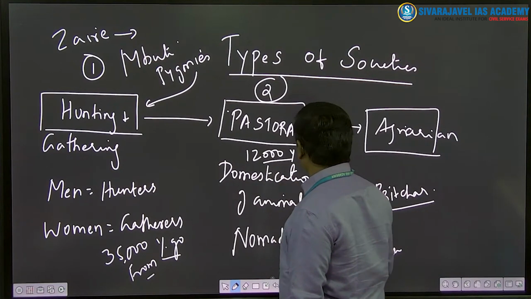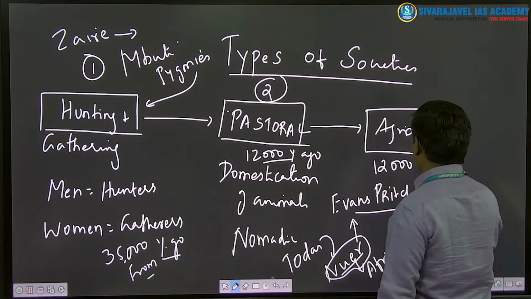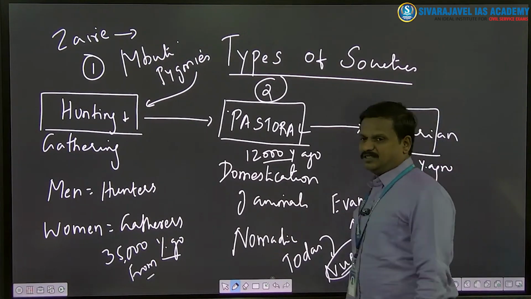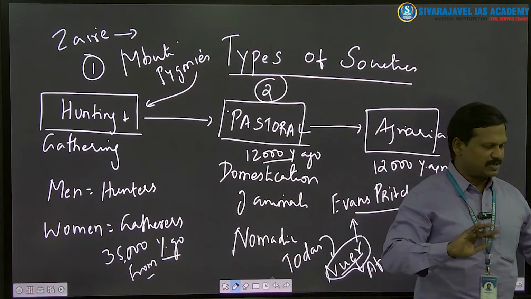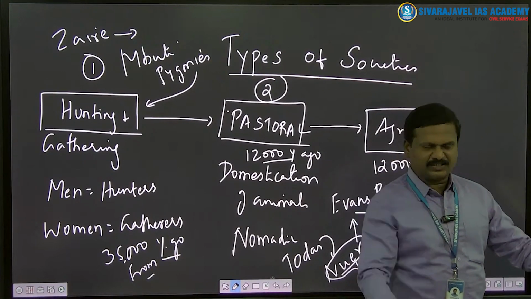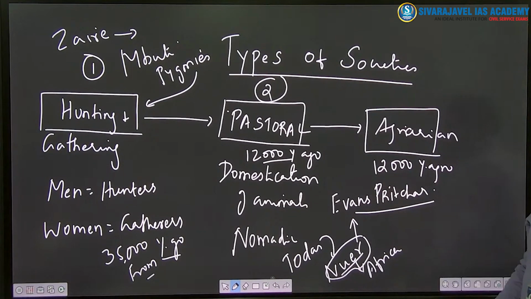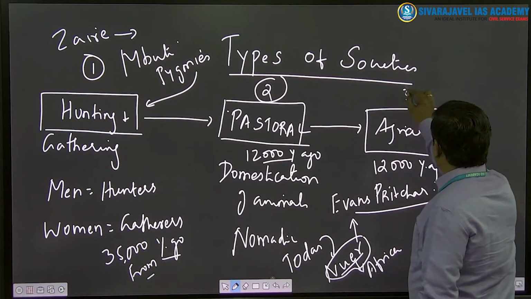In fact, this is a very disputed number. Some say 70,000 years back, some say 15,000 years back. Roughly speaking, to have a fair idea only, we are giving numbers based on a standard book. So the agrarian society started from 12,000 years ago. This is the third type of society.